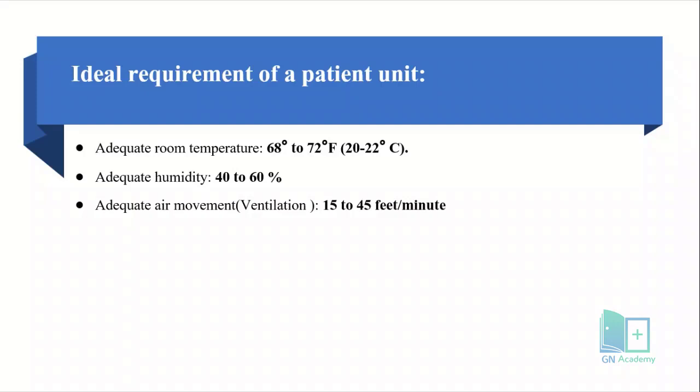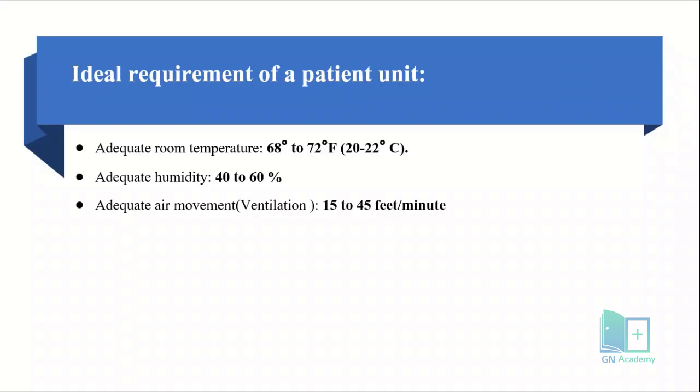The movement of air should be 15 to 45 feet per minute. Remember, the amount of air movement, called ventilation, should be 15 to 45 feet per minute. It's very important.